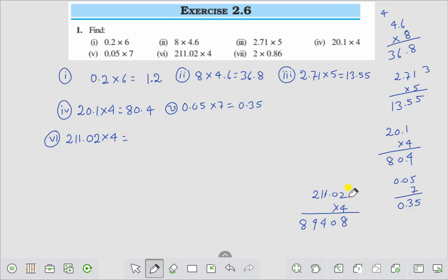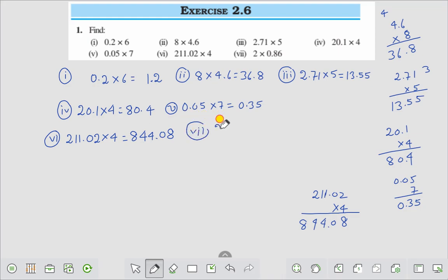Here you see that the point is after 2 digits on the left side. Therefore you have to give the point on the left side after 2 digits, that is 844.08. 844.08 is the answer.